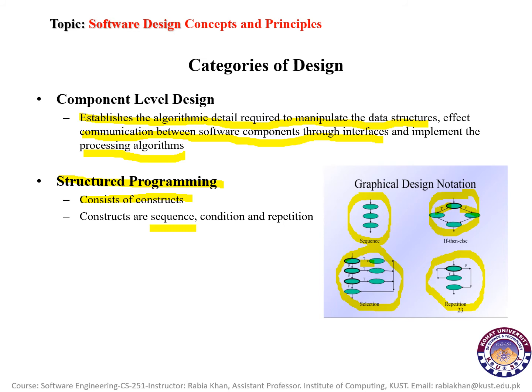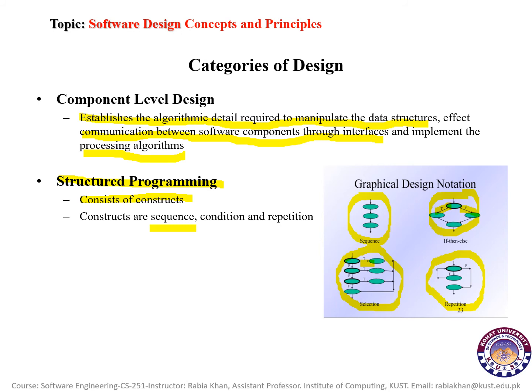While the condition provides the facility for selected processing based on some logical occurrences. So condition means if something is true, some other steps or actions need to be performed, and if something is wrong, then some alternative sequence of actions needs to be performed.